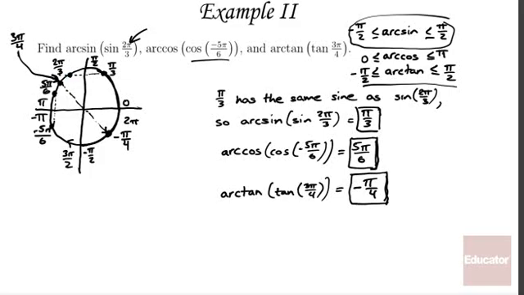And that's why we did this traversal to find the angle pi over 3 that has the same sine as the sine of 2 pi over 3. And so that was kind of the same process in all three of them: finding an angle that has the same cosine as negative 5 pi over 6 but is in the specified range, finding an angle that has the same tangent as 3 pi over 4 but is in the specified range.